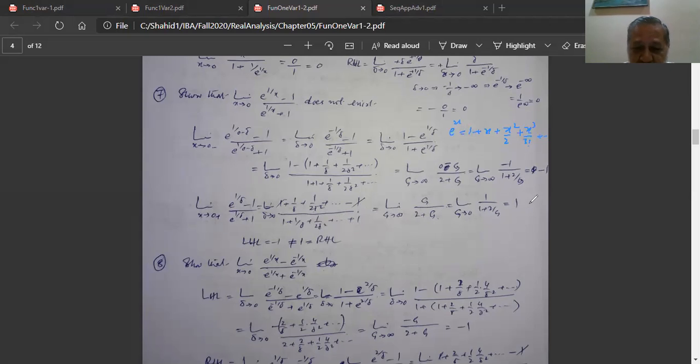So we have not used that L'Hopital rule. Instead, we have worked with the expansion of e power x to show that in the numerator we have large negative numbers, in the denominator 2 plus large positive numbers that lead to the limit -1. And for the right hand side, this leads to the limit 1. Left hand limit is not equal to right hand limit.